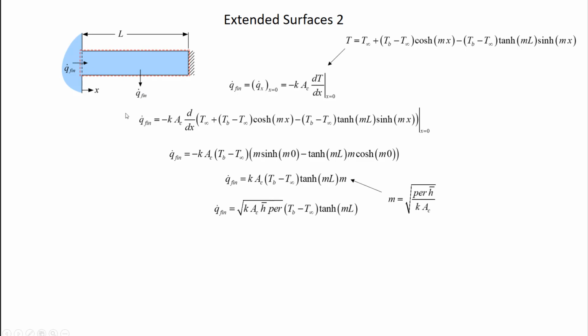That would make sense. If the fin becomes more conductive, heat transfer goes up. If there's more cross-sectional area for conduction, heat transfer goes up. If the heat transfer coefficient goes up, the heat transfer rate goes up. And if there's more perimeter exposed to the fluid, the heat transfer rate goes up. So at least in terms of how this varies with these parameters, that makes a lot of sense.